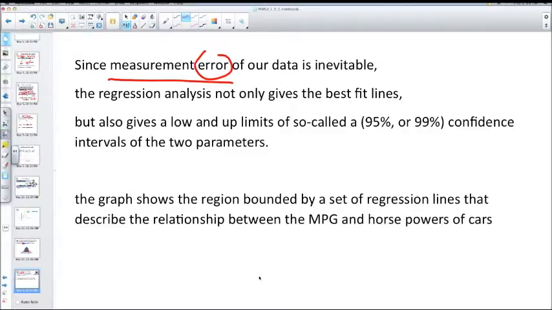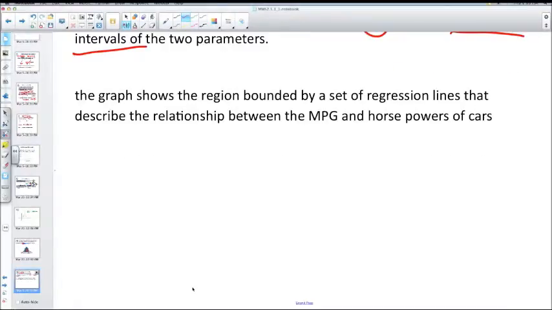We give a so-called 95% confidence interval, and look at another application. In this application, we assume the gallons of gas consumed per mile driven by the car is proportional to the weight of the car itself, or say the horsepower of the car.